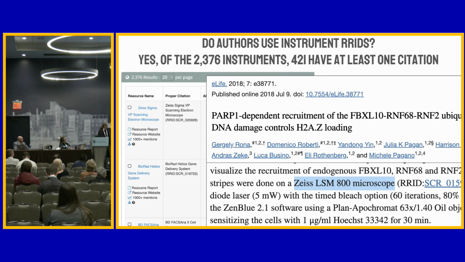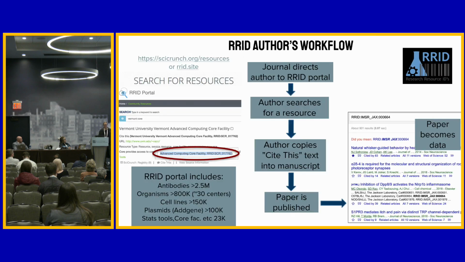That link, that was put in by the journal. Those links can be put in by the journal to your core. Kind of fun. How do authors do this? Well, the journal tells them, go to this website. They go and search for their things, including your core, then they copy and paste that little piece of information.